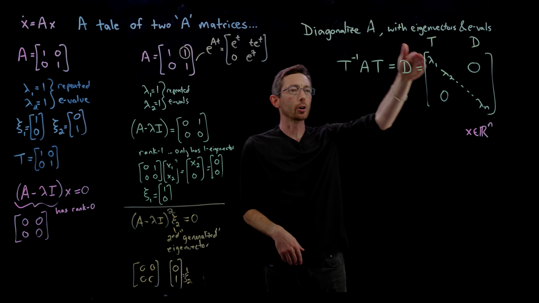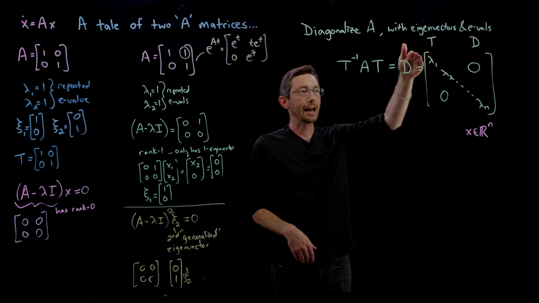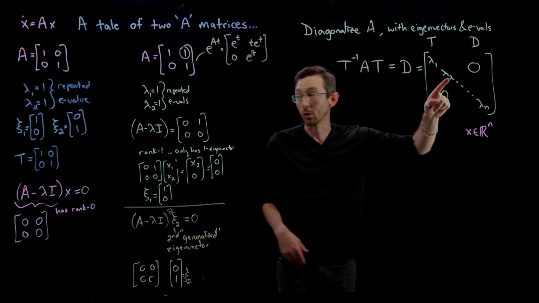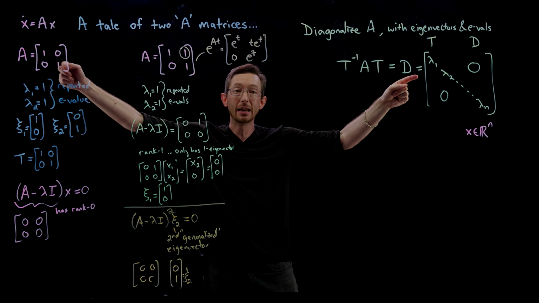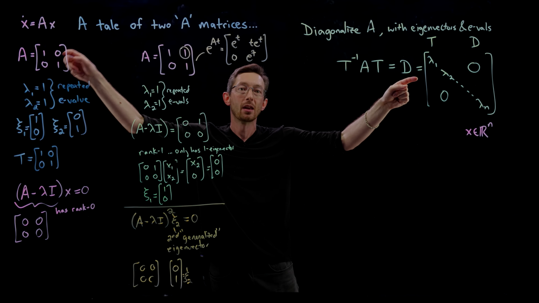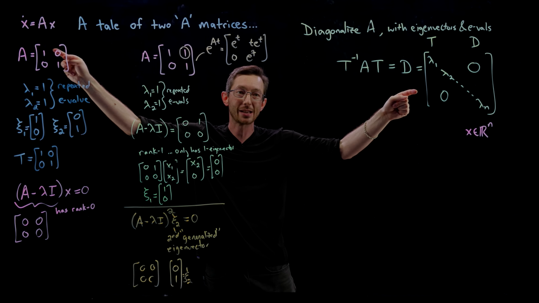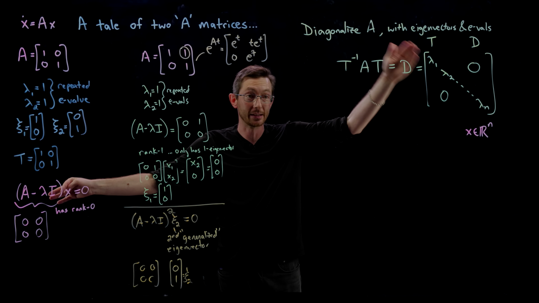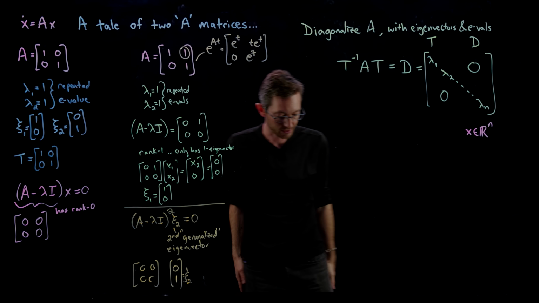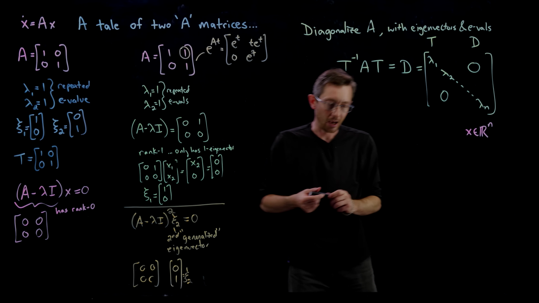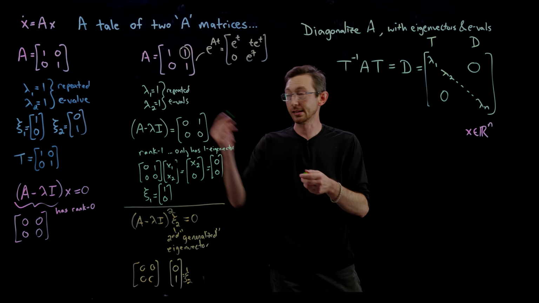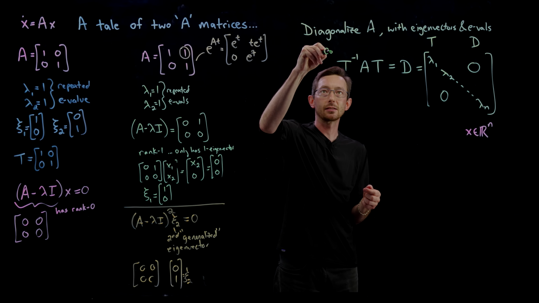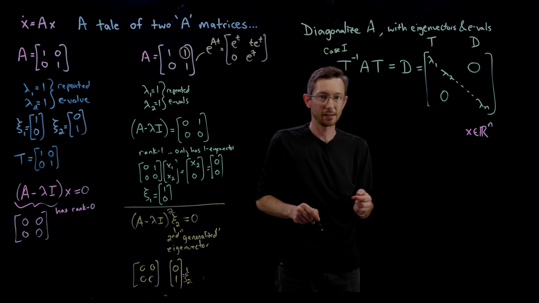So again, I can get a perfectly diagonal system if I have real distinct eigenvalues, or if I have repeated eigenvalues that are real, but the multiplicity of those eigenvalues is the same as the null space dimension of A minus lambda I, then I can still get this kind of diagonal system here. So that's one case, the case one, kind of the easiest case.